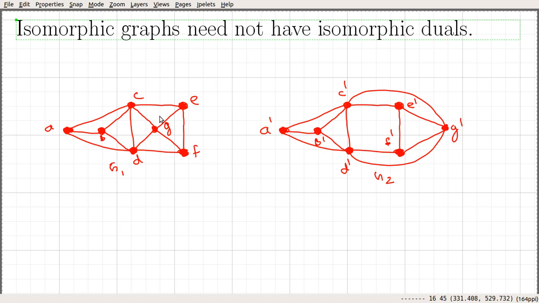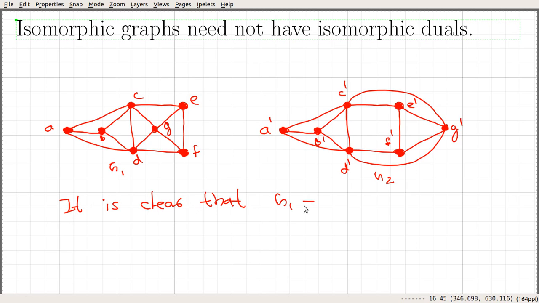Very easily we can see that these two graphs are isomorphic.